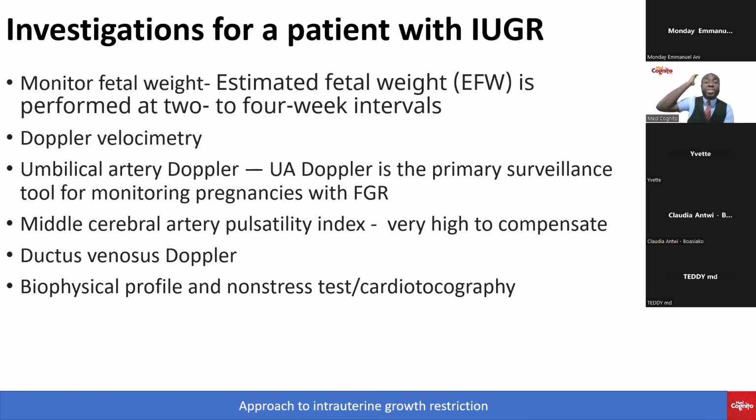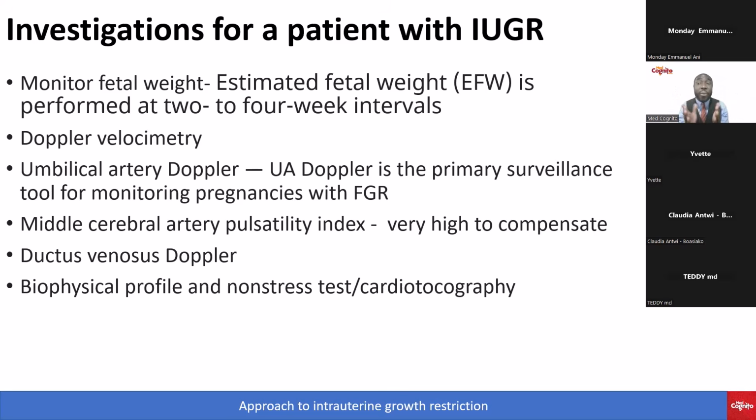The middle cerebral artery pulsatility index. So there's the middle cerebral artery in the brain. In IUGR, especially if it's as a result of uteroplacental insufficiency, look at what is going to happen. With uteroplacental insufficiency, there is less oxygenation from the mother to the baby. So assuming you have this middle cerebral artery, are you going to expect blood flow to be high in the middle cerebral artery or to be low?